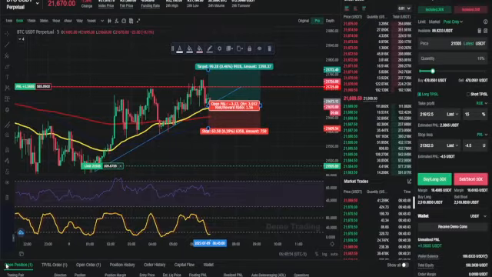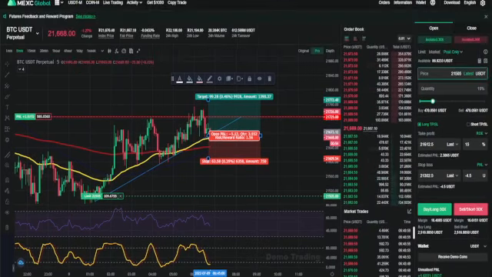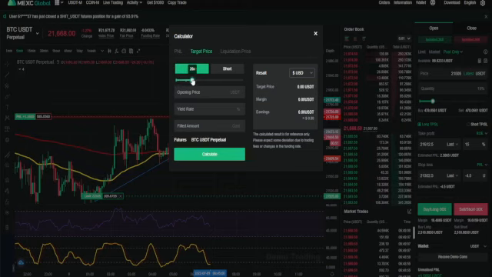It's 585.07. Now, try this again. 30x, 21,505, looking to gain 1%, 585.07, and calculate. That doesn't make sense to me.